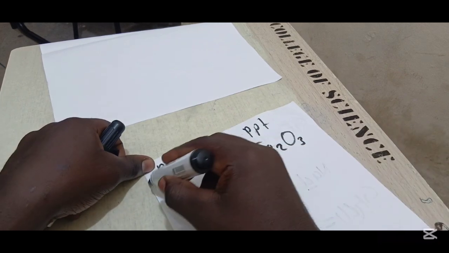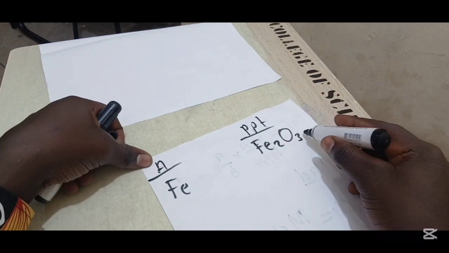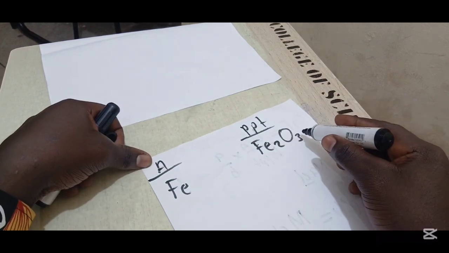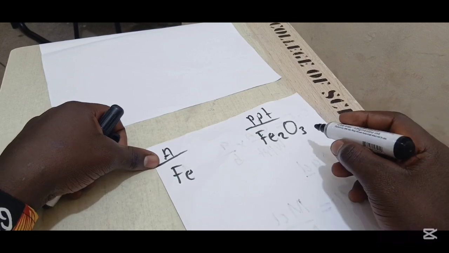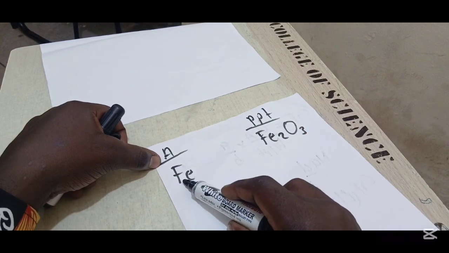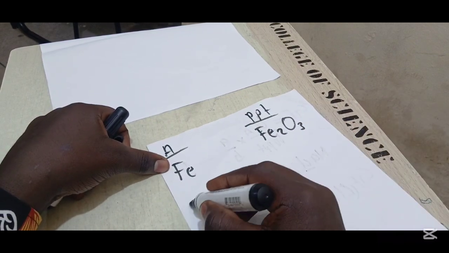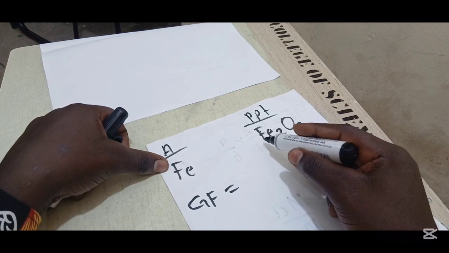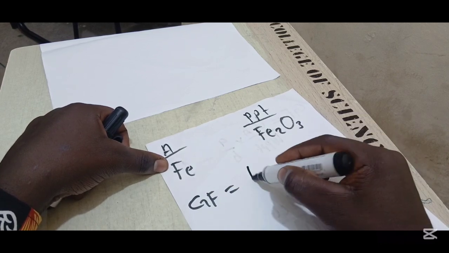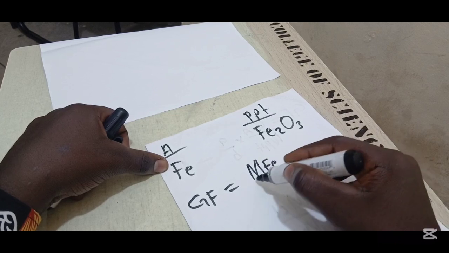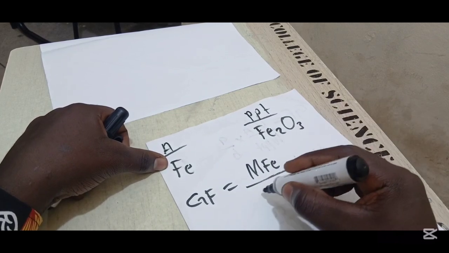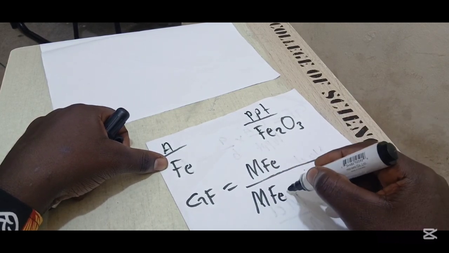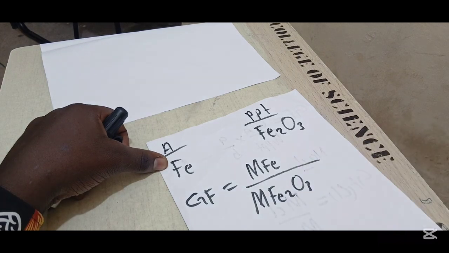Assuming we have Fe to be our analyte and Fe2O3 to be our precipitate, and we have to look for the gravimetric factor in terms of our analyte Fe here. So we know that our gravimetric factor is going to give us the molar mass of the analyte, which is molar mass of Fe, all over molar mass of our precipitate, which is molar mass of Fe2O3.